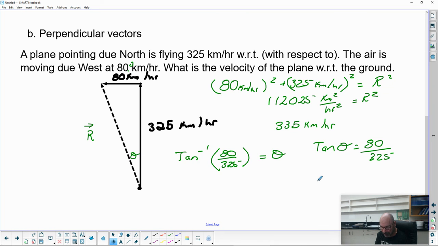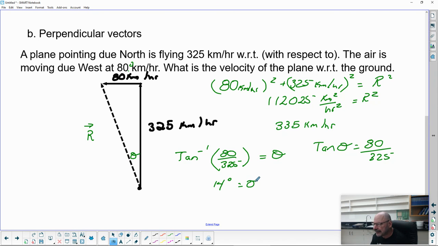Now, if you have a backward calculator, like one of the smaller ones, sometimes you have to go 80 divided by 325 inverse tan. Forward calculator, you go inverse tan, 80 divided by 325 equals. So mine's a forward calculator. It looks like that. I hit equal, and I get 13.8 degrees. So I'll round it off to 14 degrees.